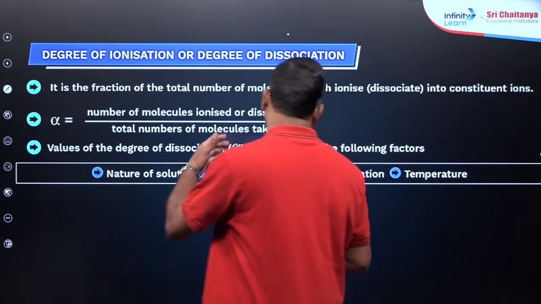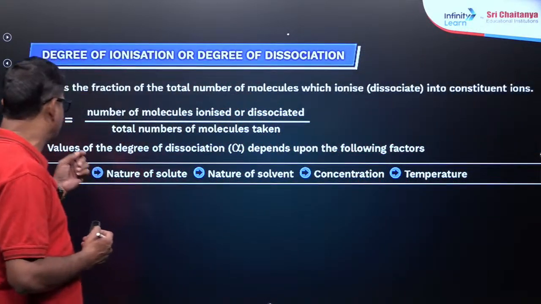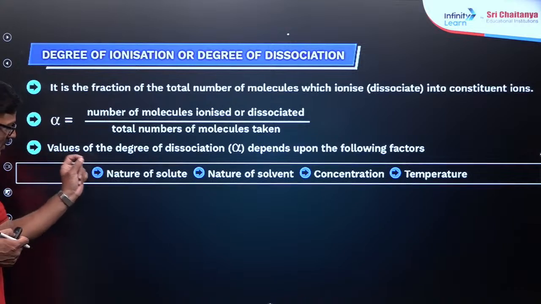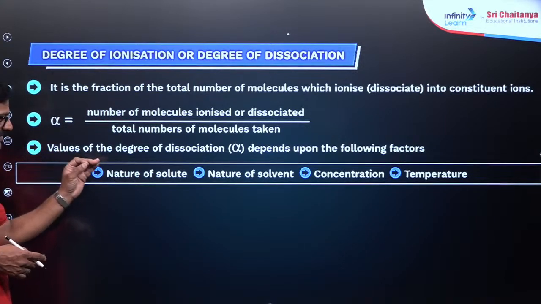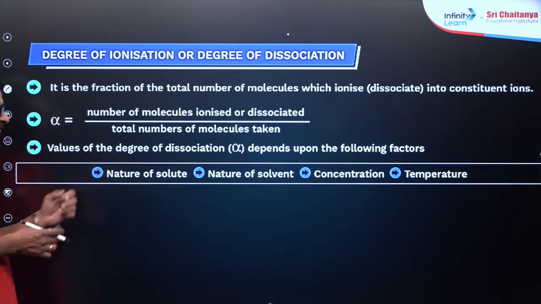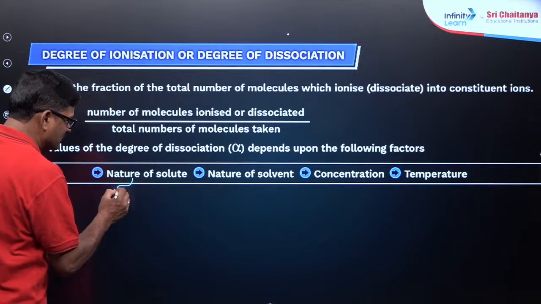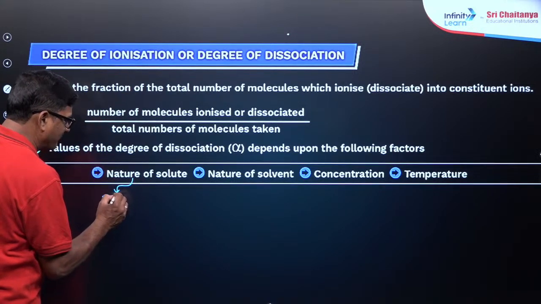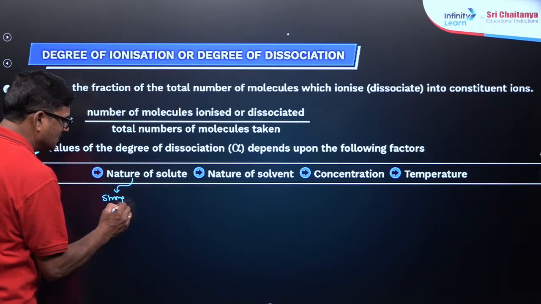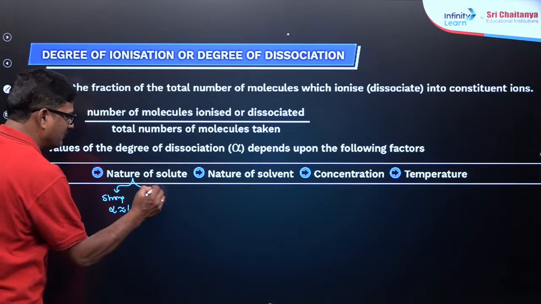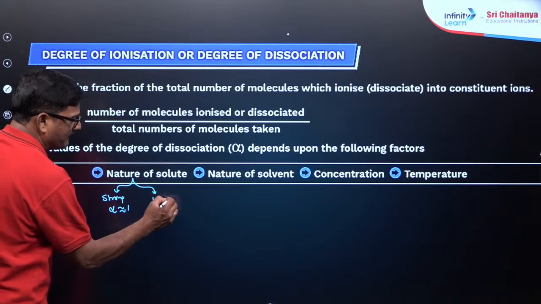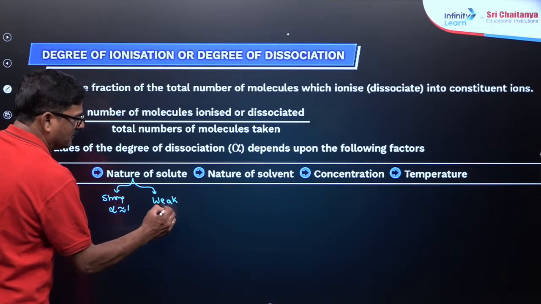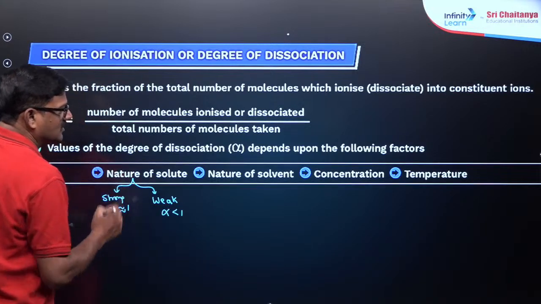The degree of dissociation depends upon the following factors. The first one is the nature of the solute. For a strong electrolyte, alpha is nearly equal to 1, and for a weak electrolyte, alpha is always less than 1.